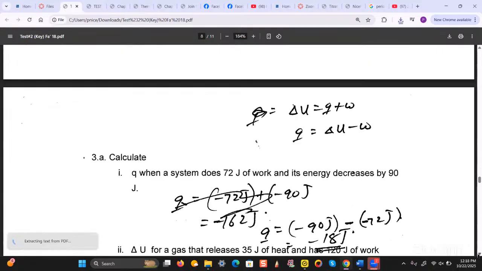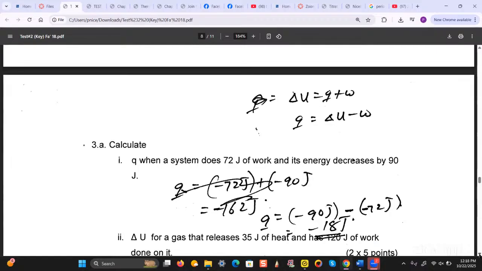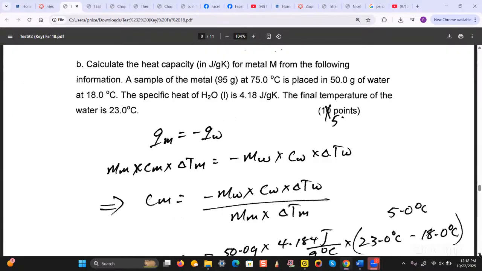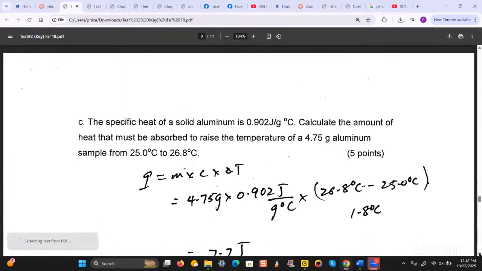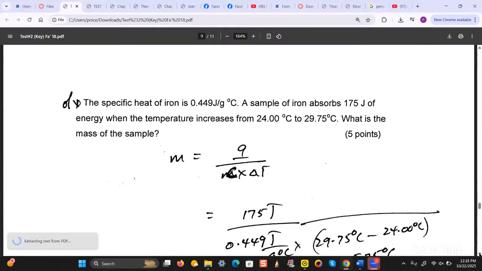Now number 3 in this test would not be on your test, right? Because number 3 deals with what we just completed, which is thermochemistry. So for this particular test, test number 2, answer key fall 18, ignore number 3, because it deals with thermochemistry, which you're not going to be tested on. Let me go down further and see what's happening.